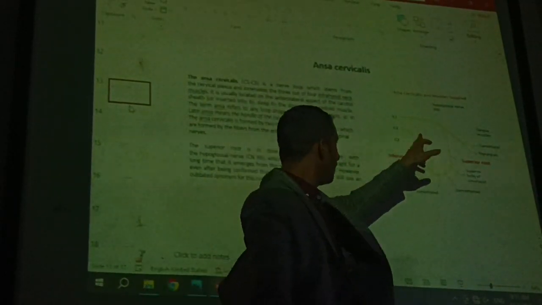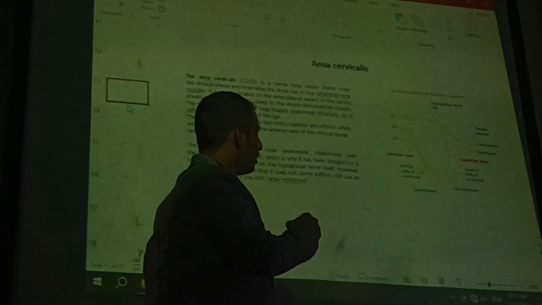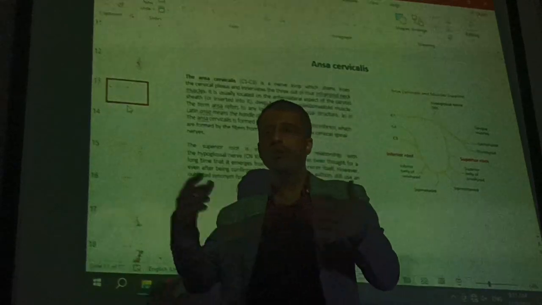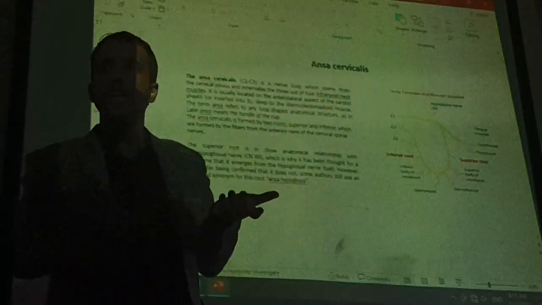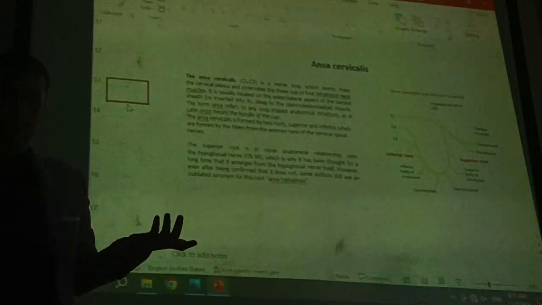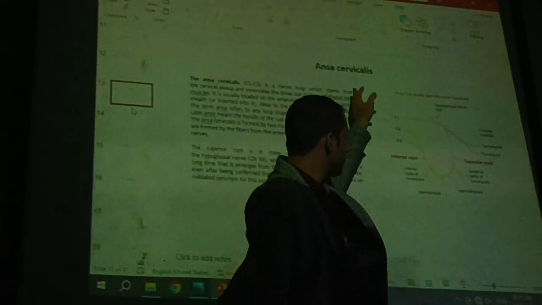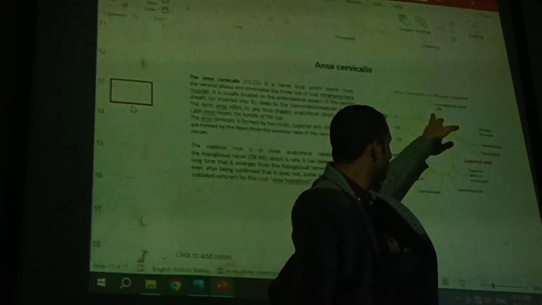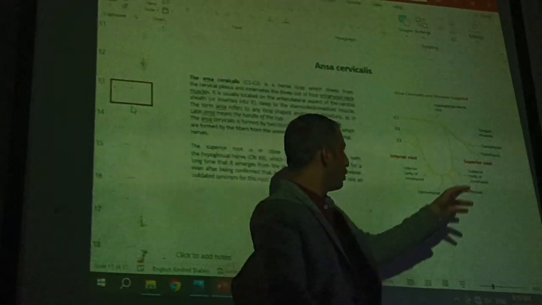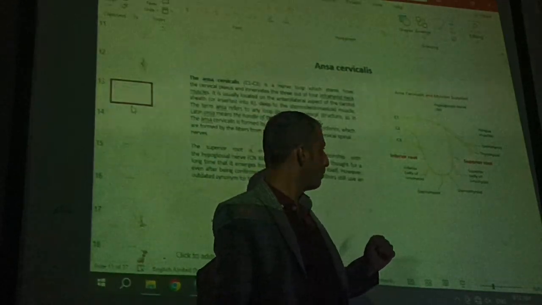The C1 spinal nerve travels and connects to the hypoglossal nerve. So it is a communicating nerve. I said that the cervical plexus has some communicating nerves, yes? A communicating nerve is the C1 branch which connects to the hypoglossal nerve, and then separates from the hypoglossal nerve to create the superior root of the ansa cervicalis.